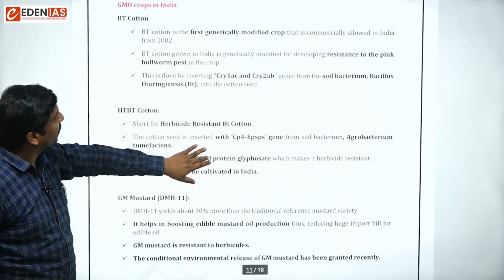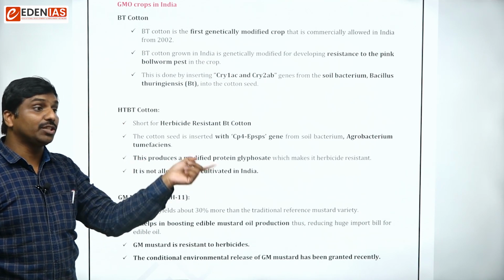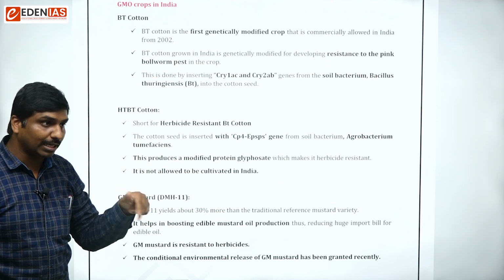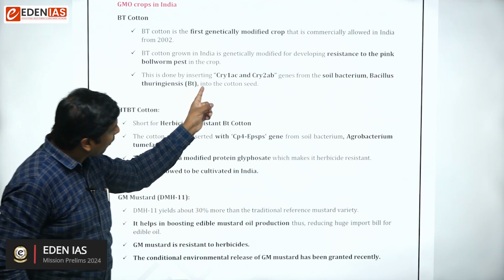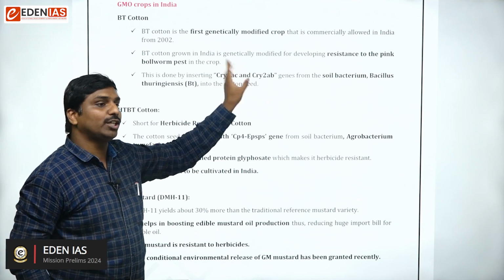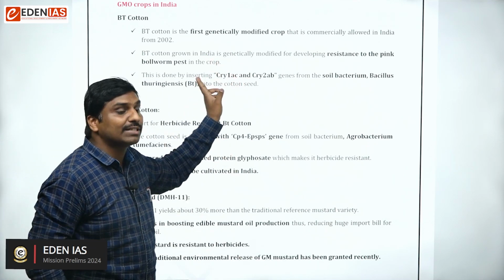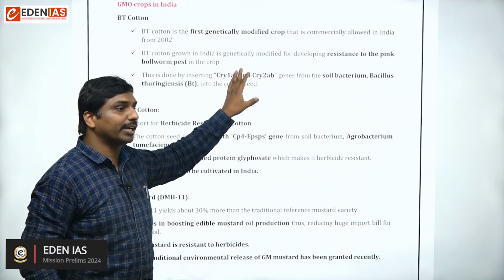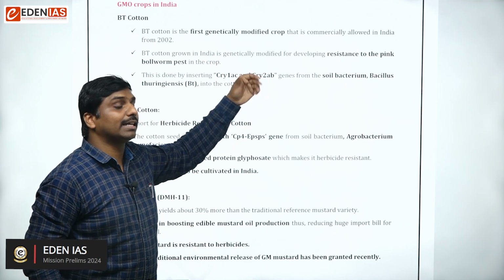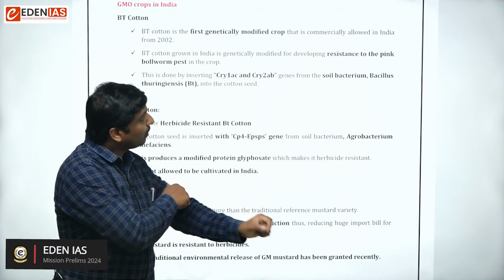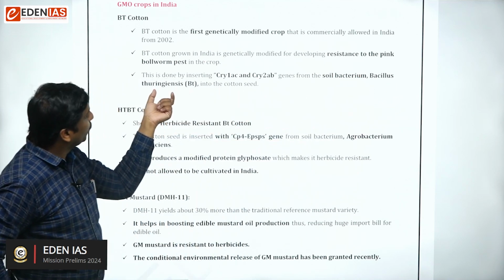Then what change has been done? Where is the role of genetic engineering? Through the help of genetic engineering, we have inserted certain genes called CRY1AC, CRY2AB. These are the specific genes. CRY stands for crystal: crystal protein 1AC, crystal protein 2AB. These are genes that we have isolated from a soil bacterium called Bacillus thuringiensis.